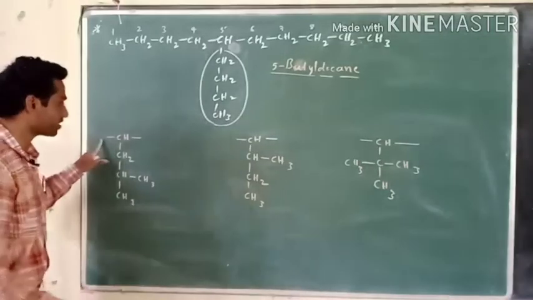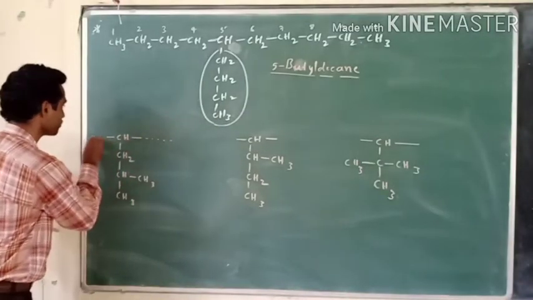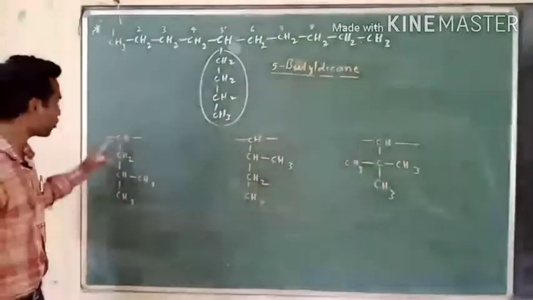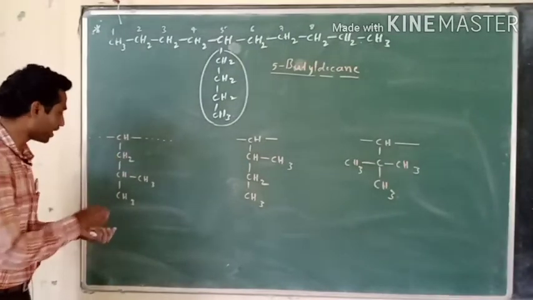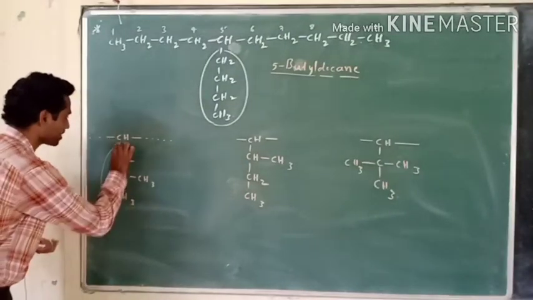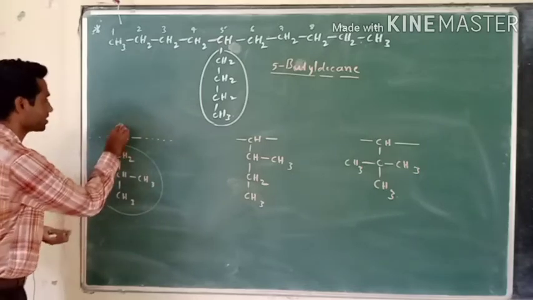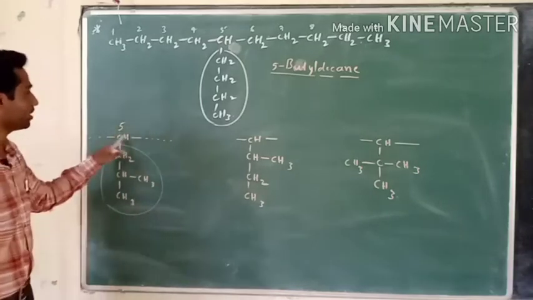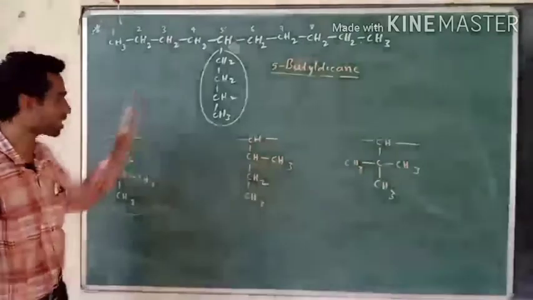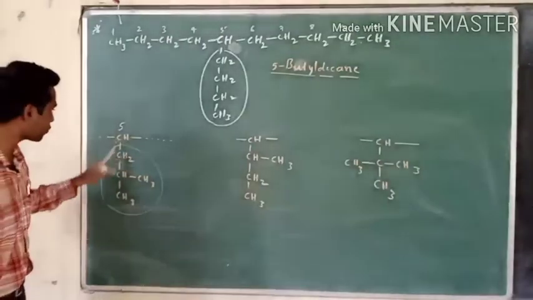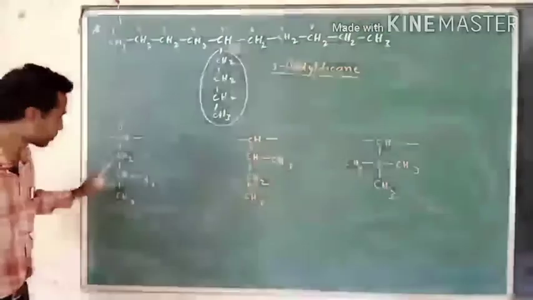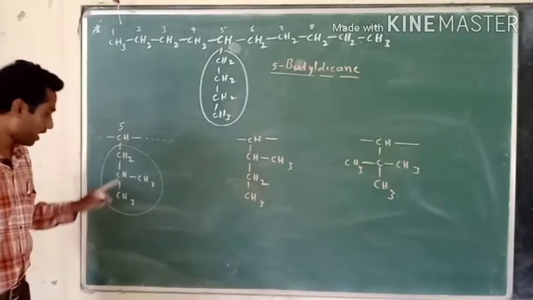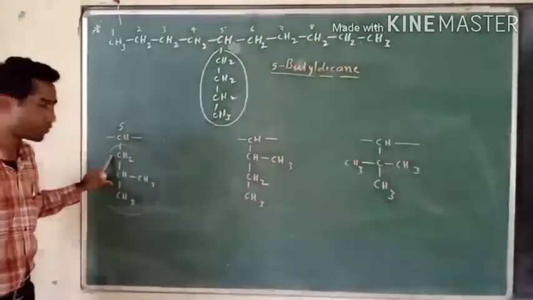So now consider this a substituent. Consider this molecule. Again this substituent is attached to the 5th position of the longest carbon chain. This is the longest carbon chain. At the 5th position this substituent is attached. So now we know the trivial name for this substituent.